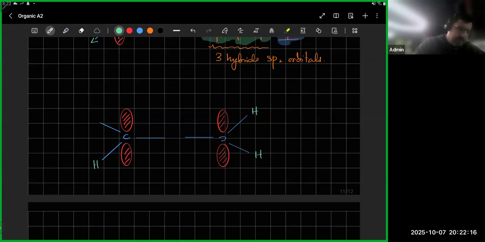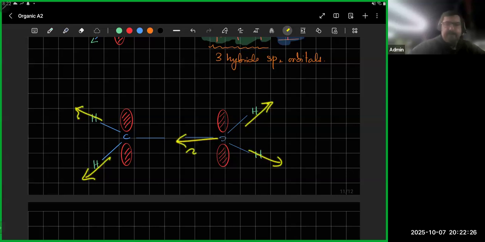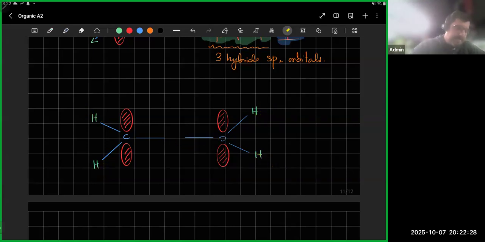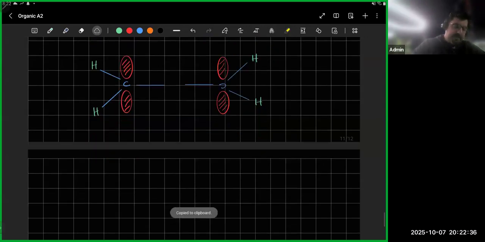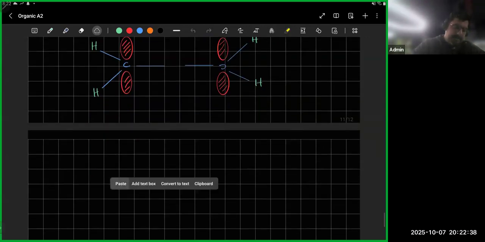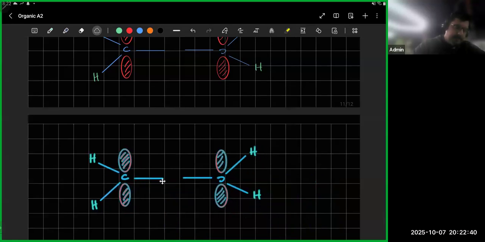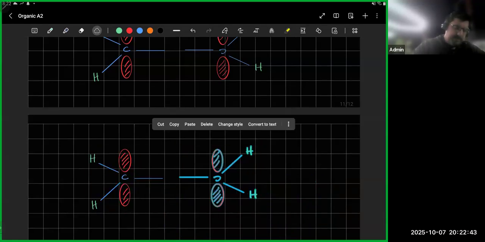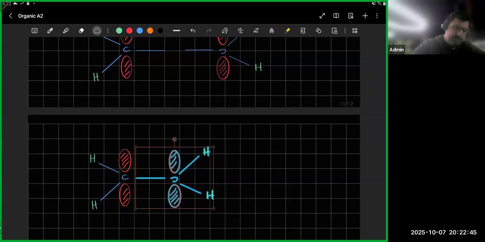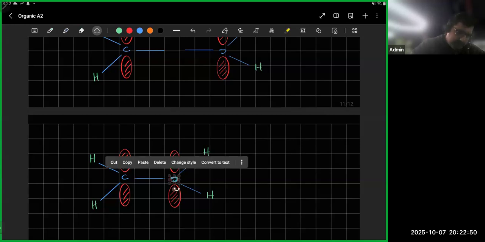So H is pulling one electron over here, one electron over here, one electron over here, one electron over here, and the third electron of carbon is being pulled by the neighboring carbon atom, right? So they would overlap in the middle and form a sigma bond. This is very important in A levels. So they would bond together in the middle. They're going to overlap in the middle. Let me straighten this carbon up a bit.